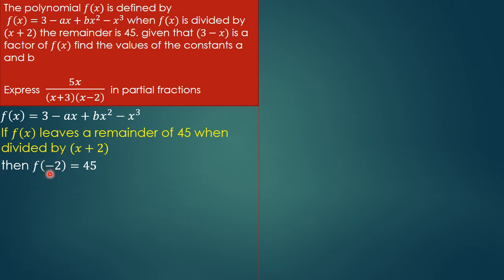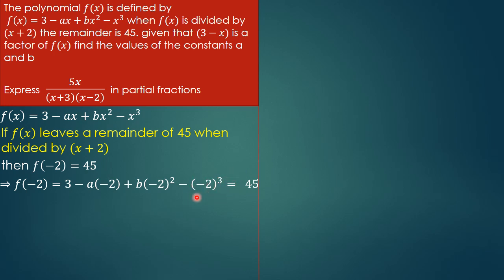Great. So friends, if we substitute negative 2 into all the x's in our polynomial and equate it to 45, we are simply going to have f of negative 2 equal to 3 minus a into negative 2, plus b into negative 2 squared, minus negative 2 all cubed, that is equal to 45.